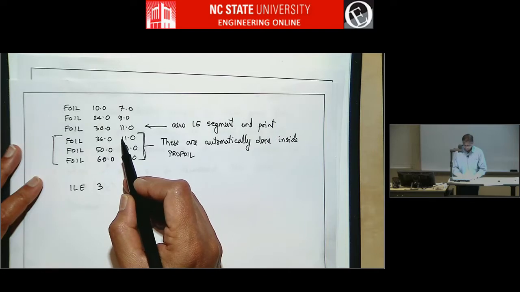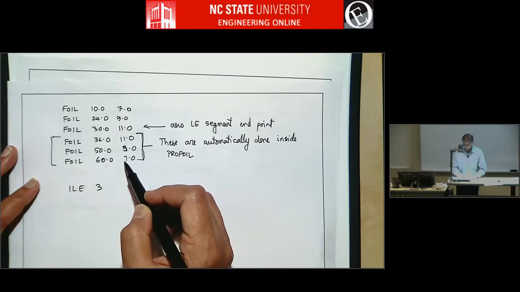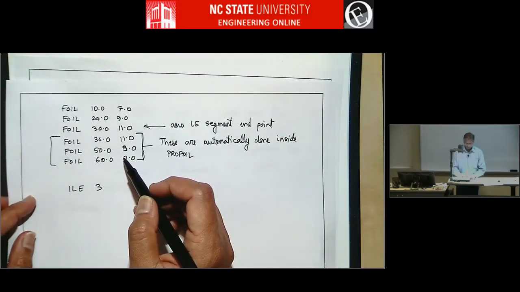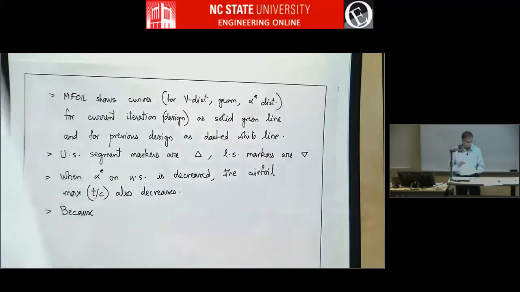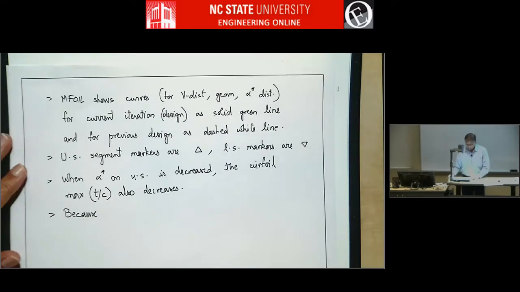I'm wondering if this should be negative. So the lower surface will be negative 11, negative 9, negative 7, right? Let me think about that as we go forward.